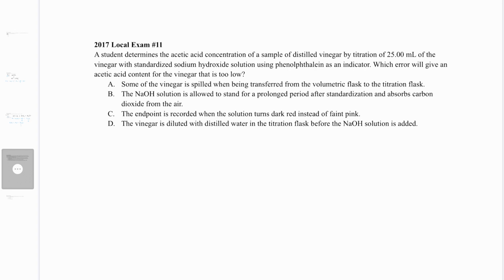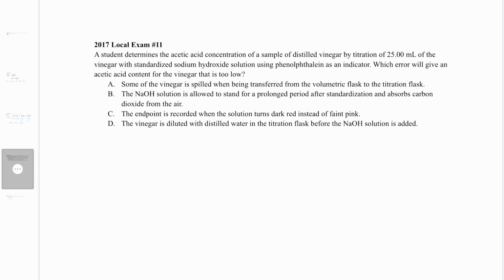So A does check out, but let's look at the other answer choices to make sure that A is the right answer. B, the NaOH solution is allowed to stand for a prolonged period after the standardization and absorbs carbon dioxide from the air. When it absorbs carbon dioxide from the air, the NaOH solution that you're using to titrate is being contaminated. So you're going to need more of that NaOH solution to titrate your entire acetic acid.